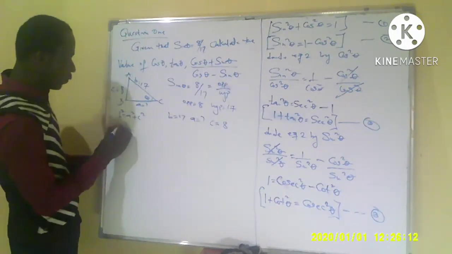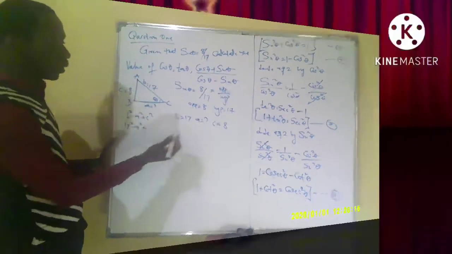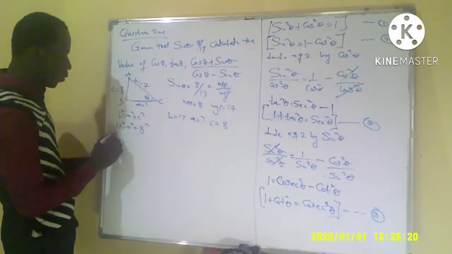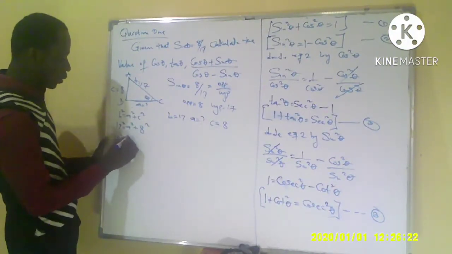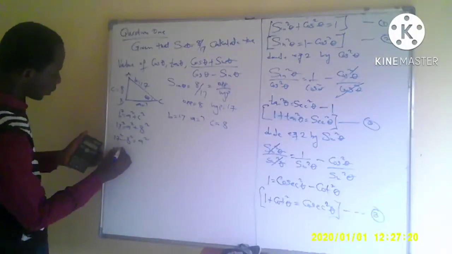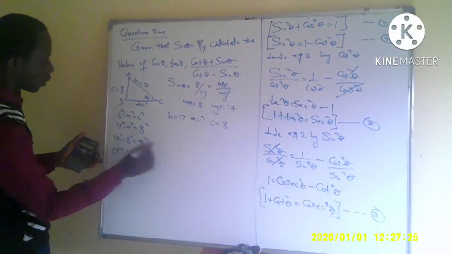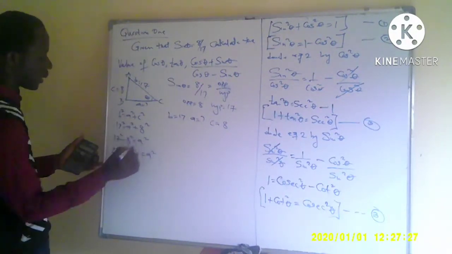We are going to have 17 squared is equal to a squared plus c squared. So let's subtract it. We have 17 squared minus 8 squared is equal to a squared. 17 squared is 289. 289 minus 8 squared, which is 64, is equal to a squared. Remember this a squared, this is not 9.